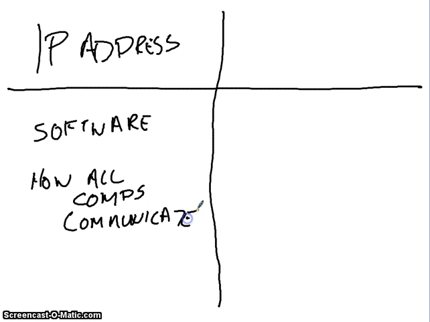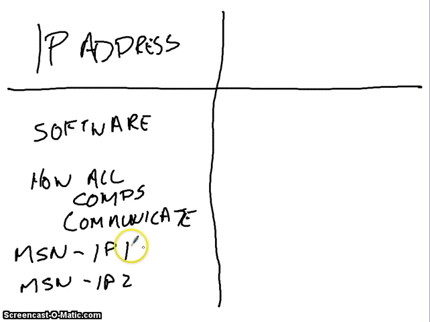They remember each other's addresses, and then they chat between them. So when you're on MSN, it remembers MSN's IP address, and it remembers your IP address too. And once you've got both addresses, then you can chat between each other. Okay, and it's how most communications work on the internet.